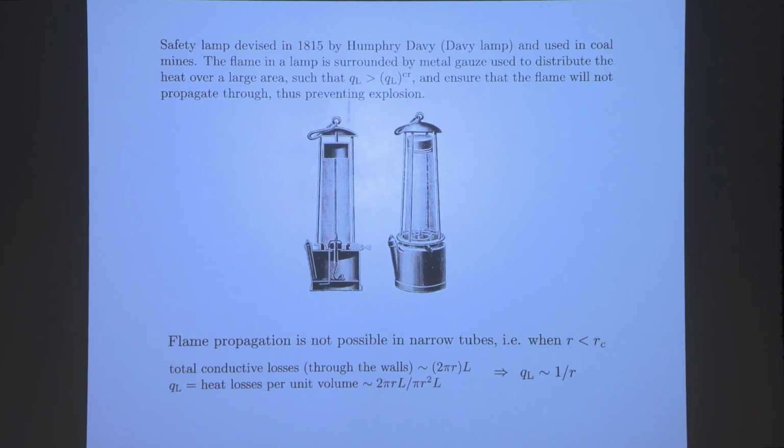But really, we did not do a discussion with heat losses. So in the absence of heat loss, it will propagate no matter what the radius is, at least in principle, right? So anyway, this is that.